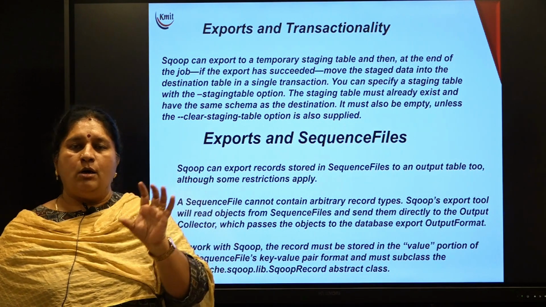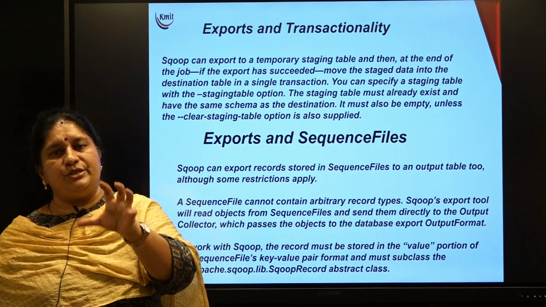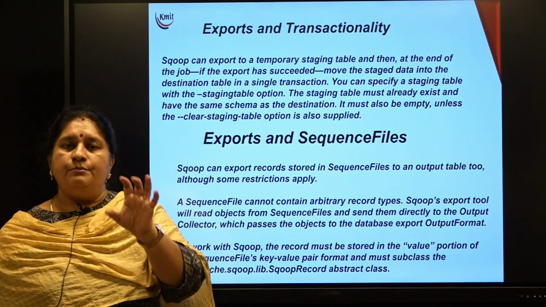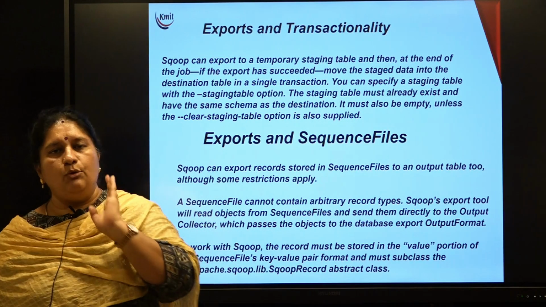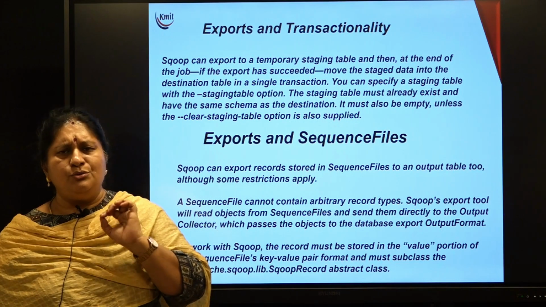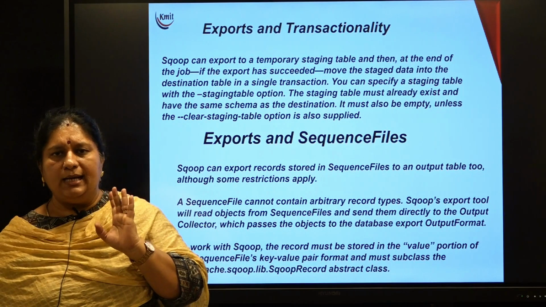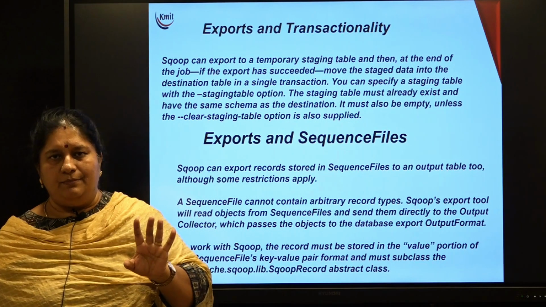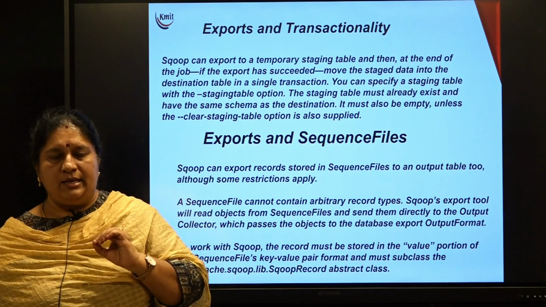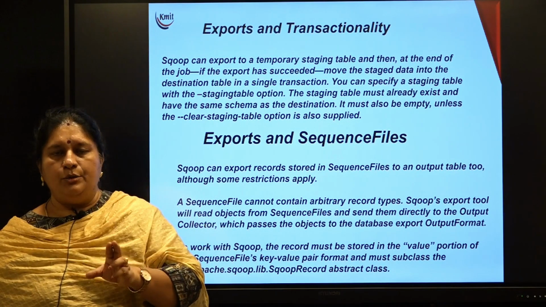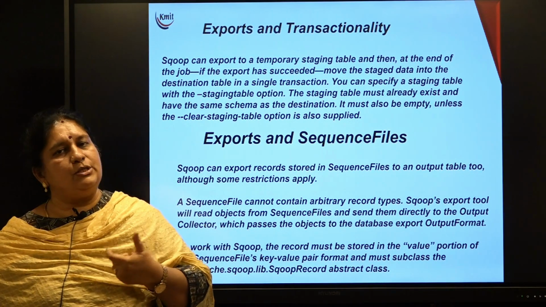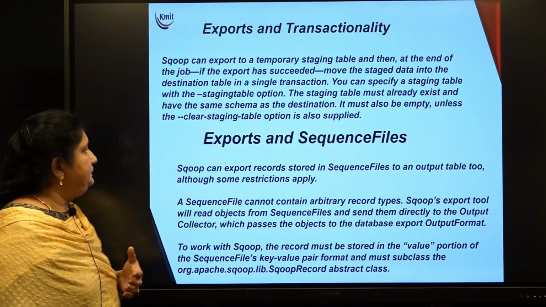Once all the records are successfully exported to the staging table, then from the staging table they are loaded into the original table. This is to ensure that either all records have been entered into the table consistently or none of them. So just to ensure transactionality, the export command uses an intermediary table called the staging table.